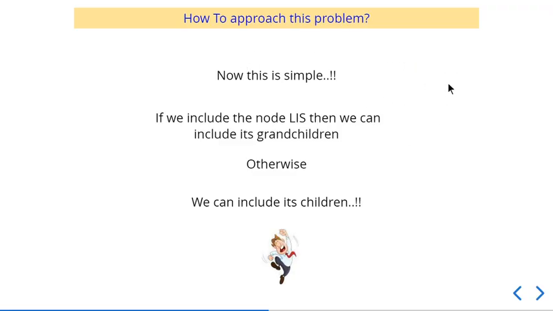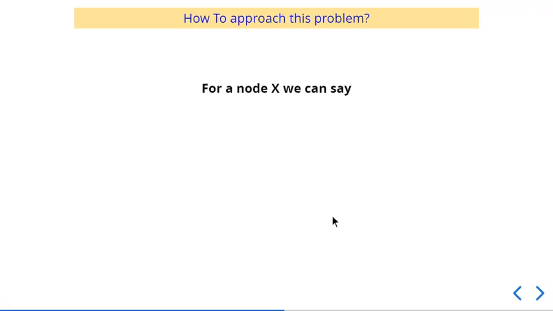If we are including a particular node, then we can include its grandchildren in its largest independent set, or what we can do is we'll include all of its children and do not include that particular node, and we'll include all its children only, not grandchildren, not that particular node, only its children. So these are the two options that are available to us. So this is the problem. We have broken the problem into some observations that we can get through the given constraints of the problem.